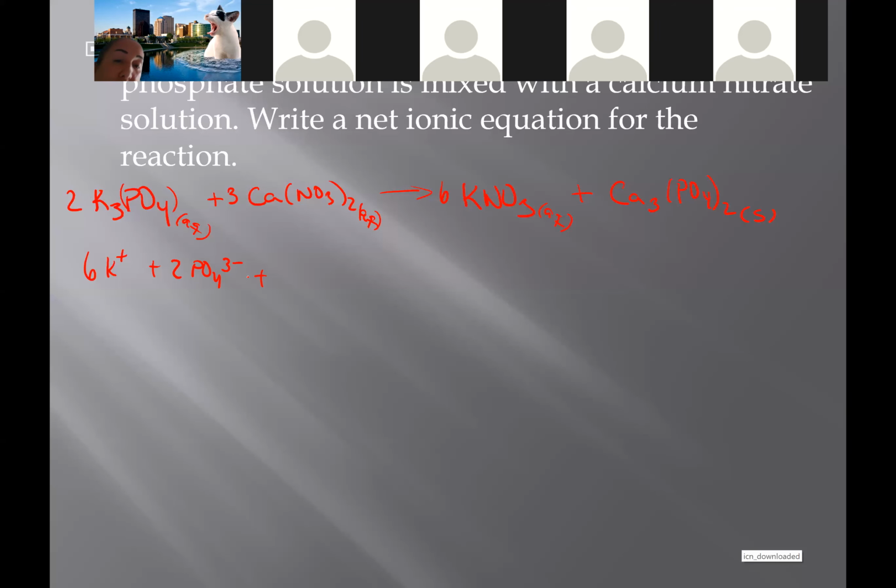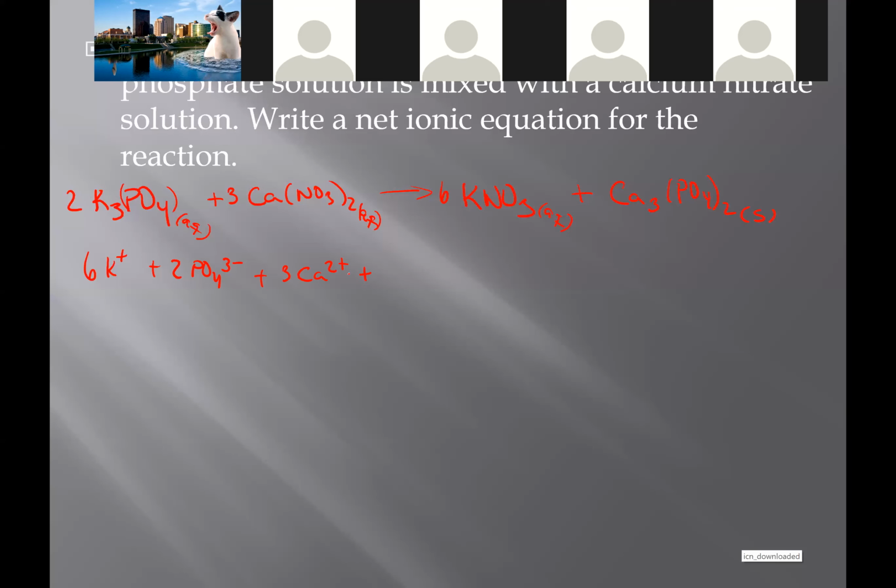Plus 2. Okay, so the reason I keep harping on that is because remember, this is the ionic equation. You have to have ions. If you don't, it's wrong. So you've got to tell me the charge, always. So yes, correct, 3Ca2 plus. Okay, next.